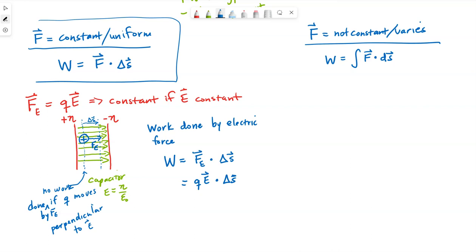That delta S to the right, that distance traveled, then we could say QE delta S would be the work done as long as delta S, the distance to the left or right, is specifically lined up with the electric field.